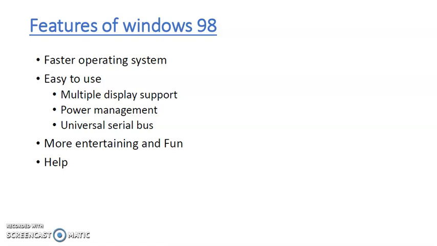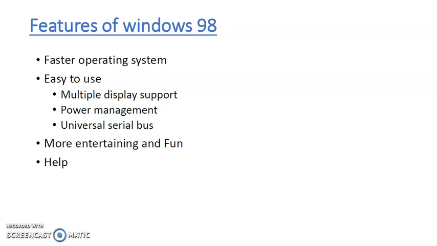This is the meaning of power management. Then the third one is the universal serial bus. This facility provides plug and play capabilities. Using a new standard connector, you can add devices to your computer without having to restart.